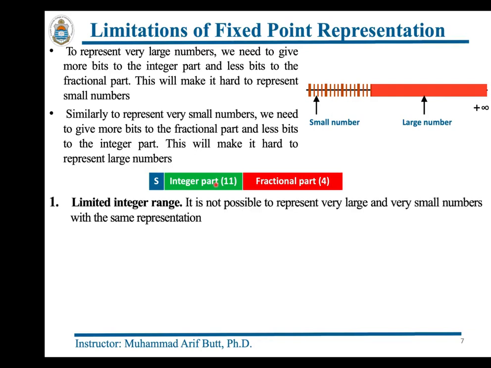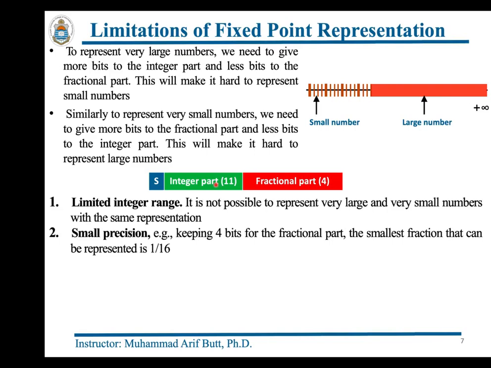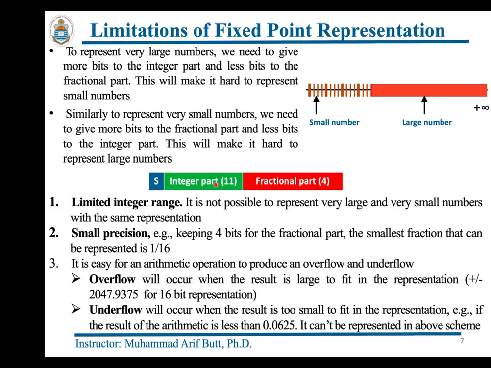So to summarize the limitations of fixed point representation: the first is we have limited integer range, we have small precision, and it is easy for an arithmetic operation to produce an overflow and underflow. Well, in this scenario, if we keep 11 bits for the integer part and 4 bits for the fractional part, the overflow will occur when the number is larger than 2047.9375.